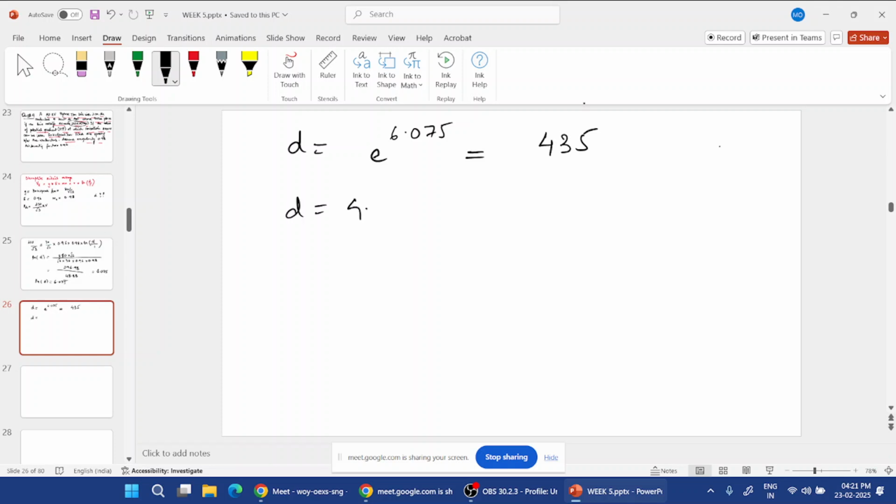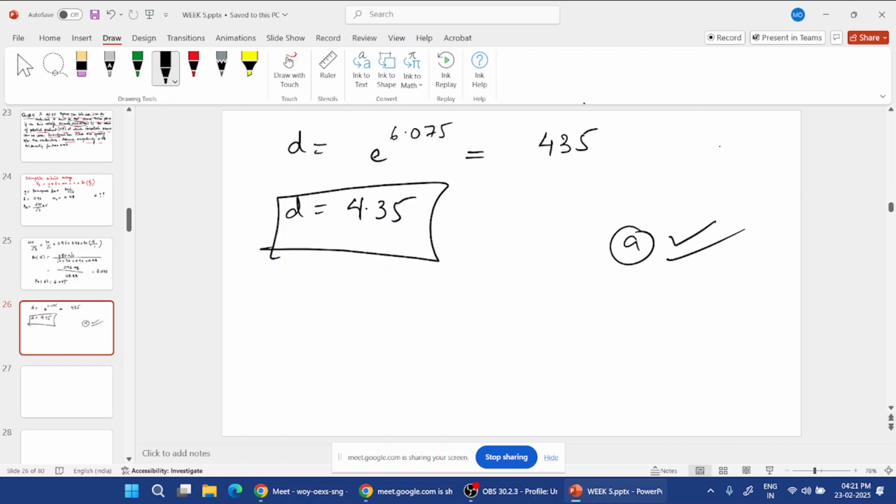So it will come out 4.35. So basically, the first option will be the correct one.